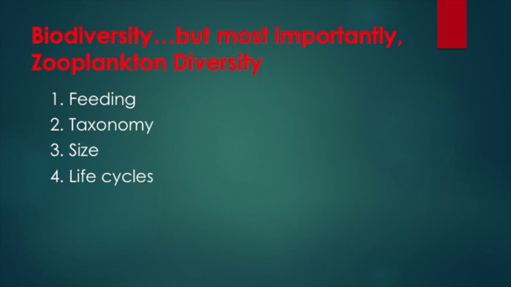And we must find categories to put these in order to understand this large group of species. And there are many different traits that help tell these species and groups apart. And in this video, we will focus on four main ones. That is the feeding methods, taxonomy, size, and life cycles.